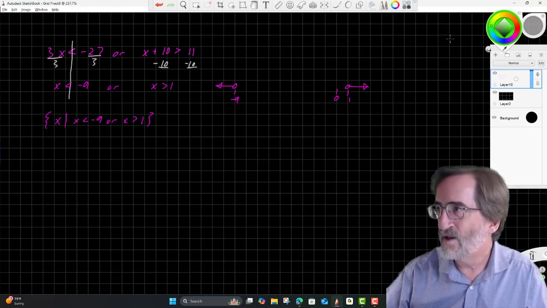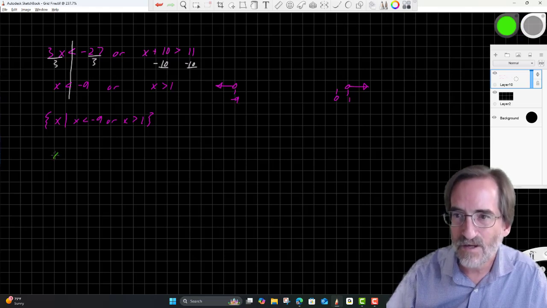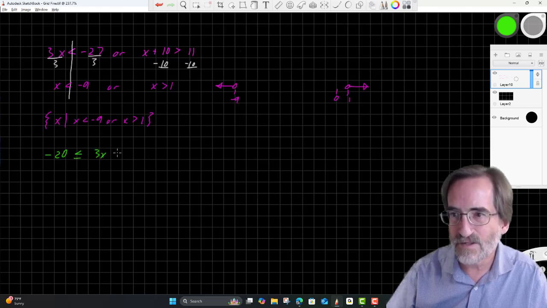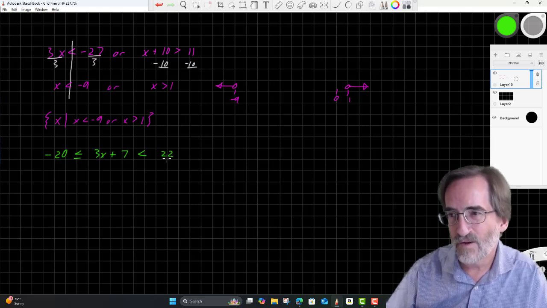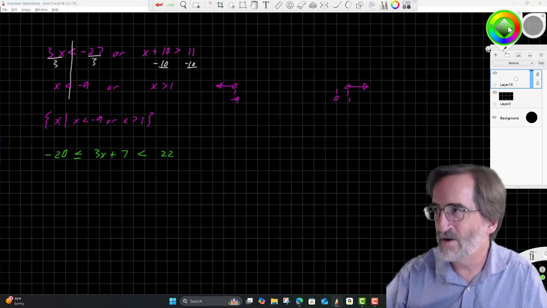What if we have an intersecting solution? What if we say x is between -20 and 22 inclusive? Let's say it's 3x plus 7. Had to come up with something that would come out to be a decent number here.